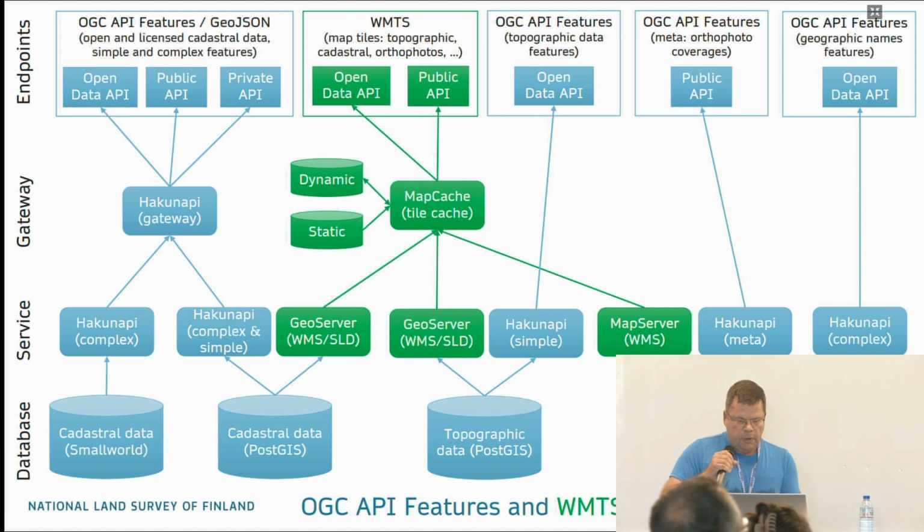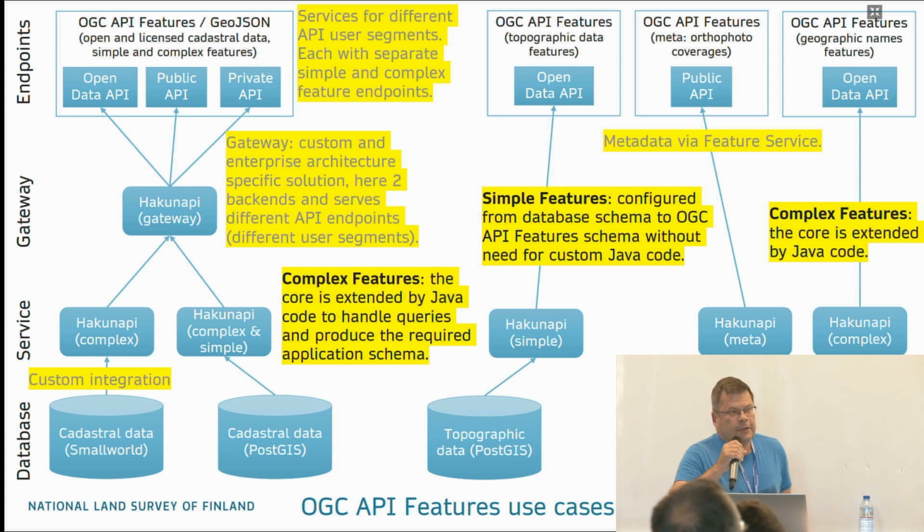GeoServer is used for map visualizations on the server. MapServer is used for raster data, and MapCache for tiling, but I'm not talking about them, so I'm now concentrating on feature services only.